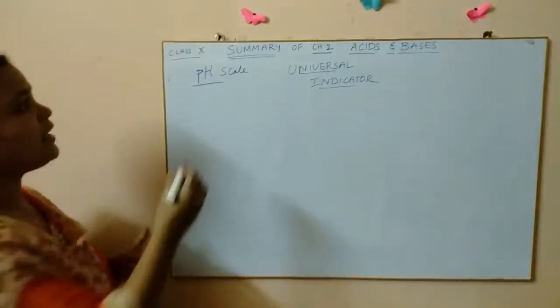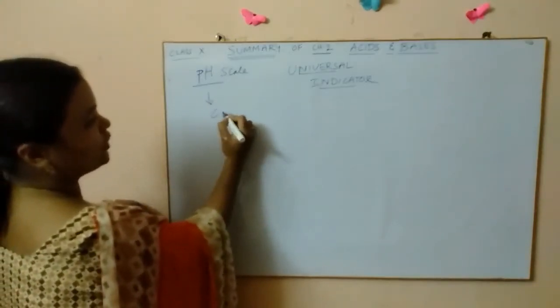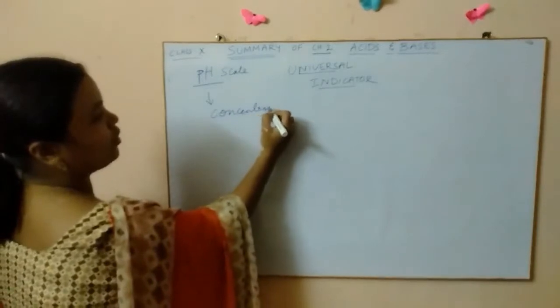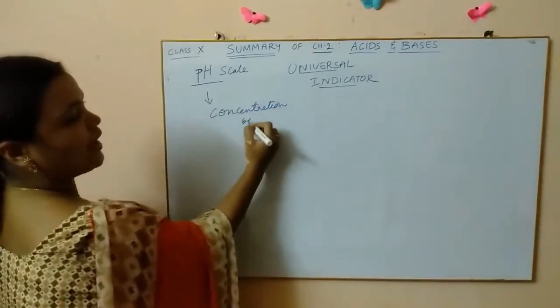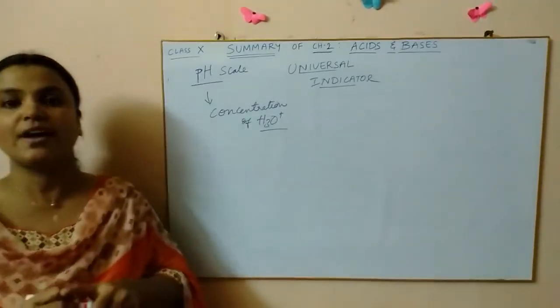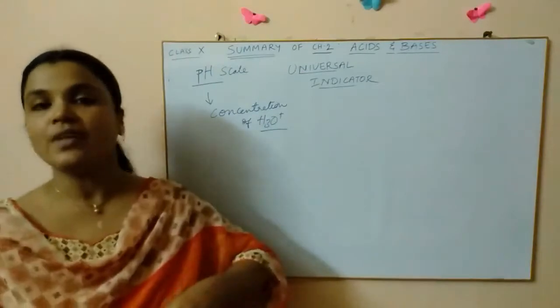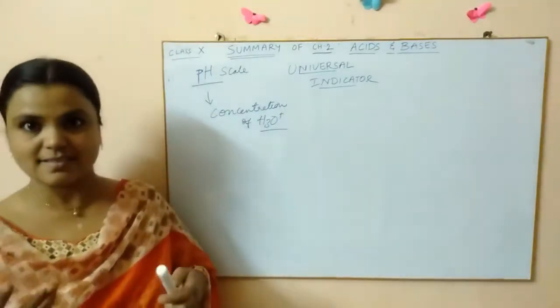What is the pH scale? It is the measure of the concentration of hydronium ions in a solution. So the concentration of hydronium ions is directly a measure of the acidic properties, nothing but its acidity, right?